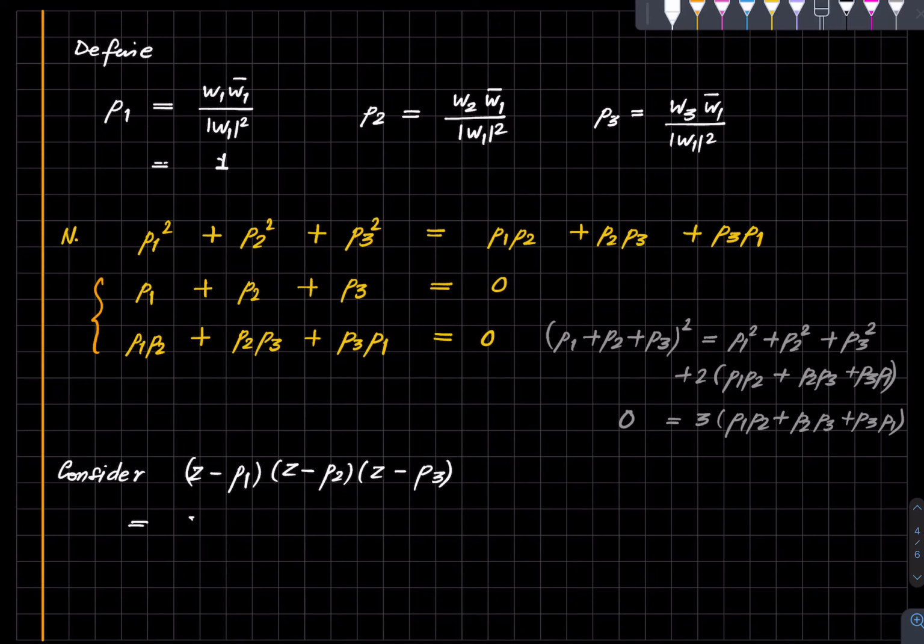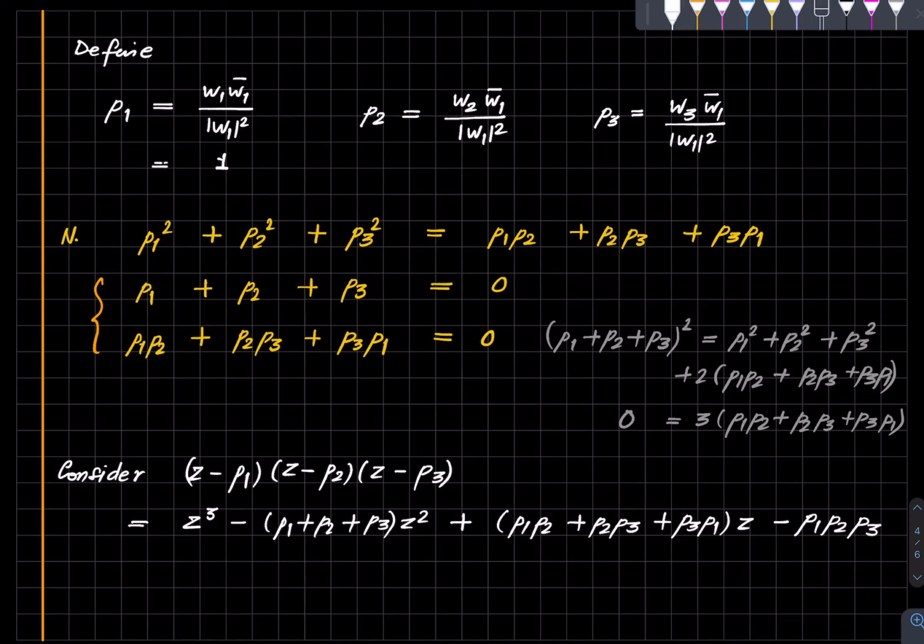If you just expand it out, as we have discussed in our previous lecture about polynomials and roots, this is z cube minus p1 plus p2 plus p3, z square plus p1 p2 plus p2 p3 plus p3 p1 z minus p1 p2 p3. That's what this is. But as we've seen, this term is 0 and that term is 0, so the thing is just z cube minus p1 p2 p3.